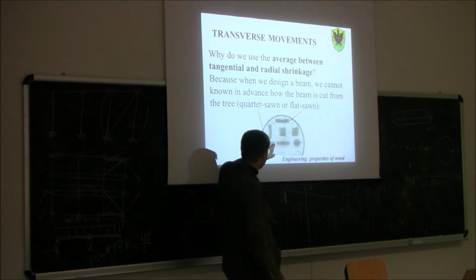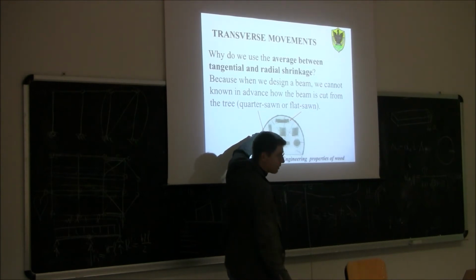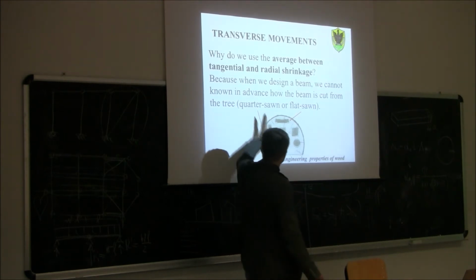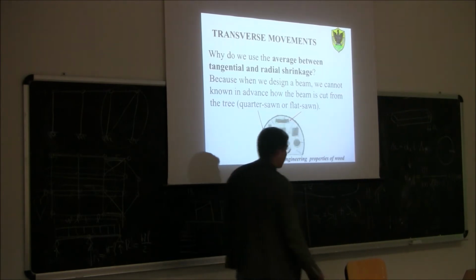If this cross section is cut here, then we should use the moisture dilation coefficient in the radial direction to calculate the shrinkage on the depth, and the tangential one for the width. But if the same piece of wood was cut here, then it would be the other way around. This will be tangential, this will be radial. So it depends on how it is cut.